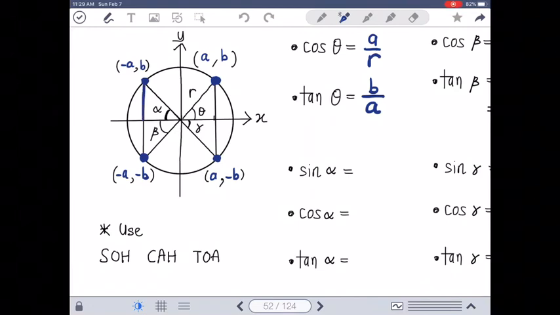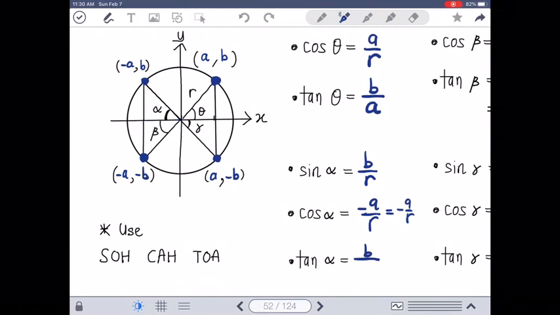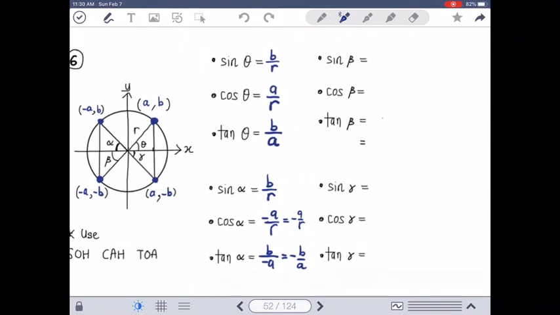Sin alpha is opposite, which is just B over hypotenuse, which is just R. Cos alpha is adjacent, which is just negative A over hypotenuse R. We can write as negative A over R. And tan alpha is opposite, which is just B over adjacent, negative A. So this is negative B over A.